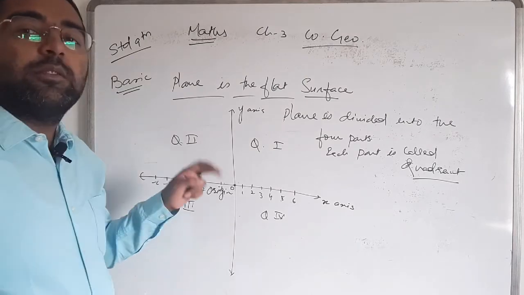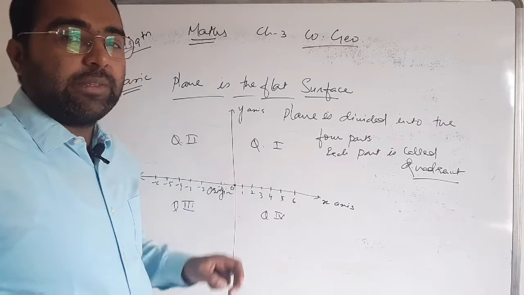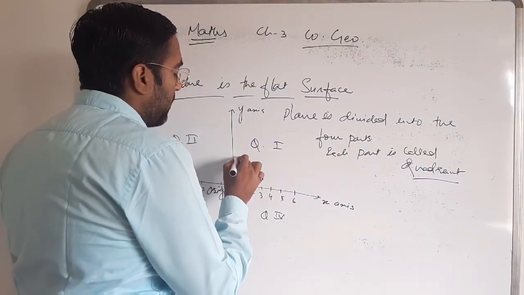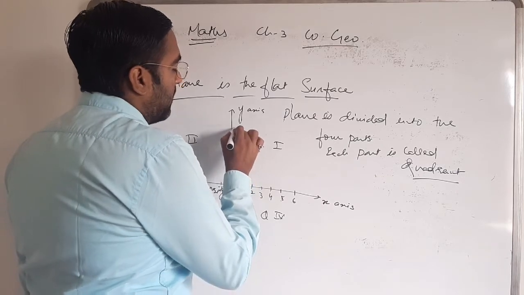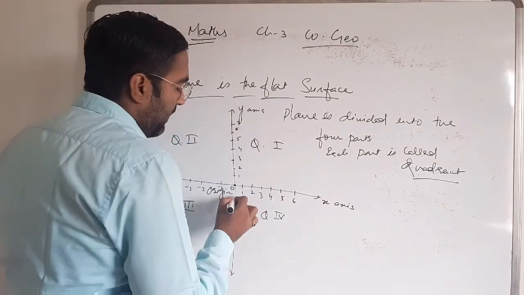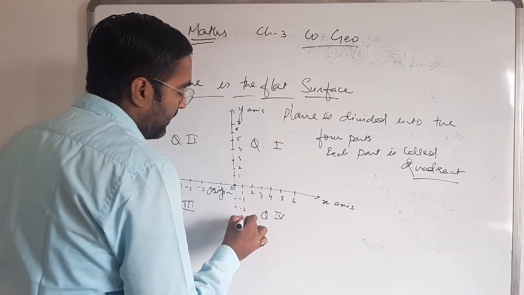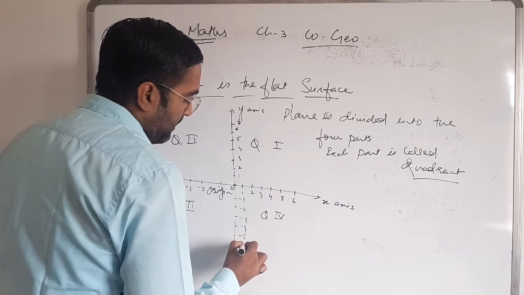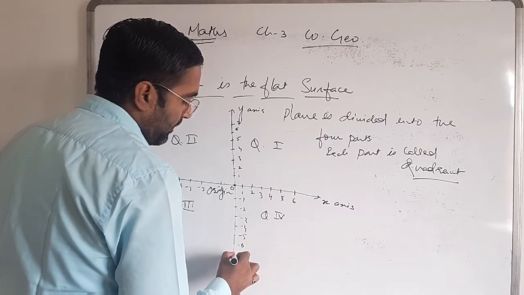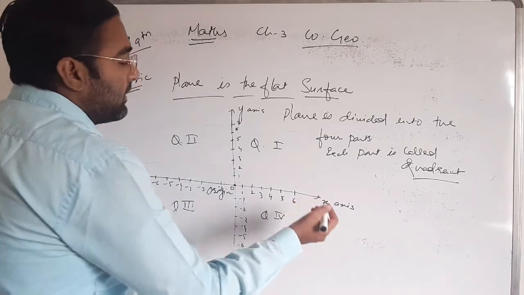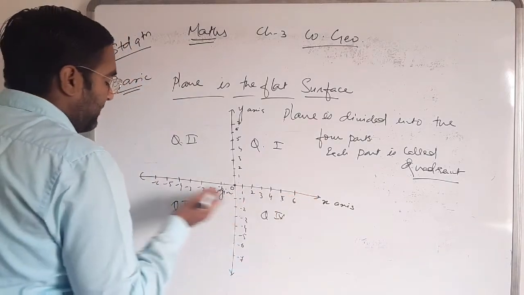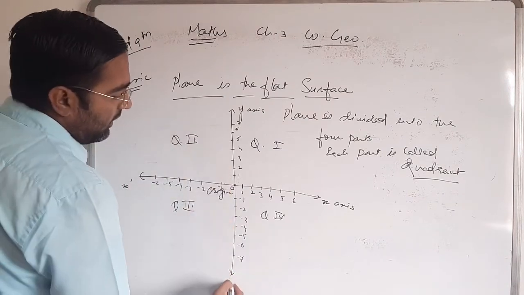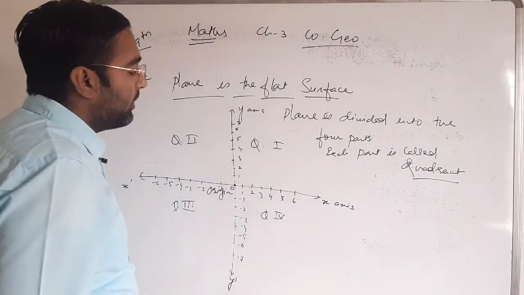Similarly, moving upside, we write positive values on the y-axis, and negative values down here. Clear? This whole line is the x-axis. Here I'll write x prime, and here I'll write y prime.